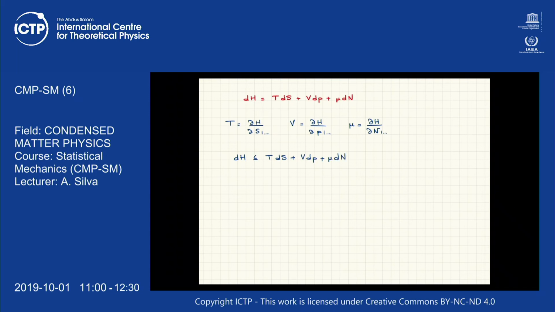And if I fix number of particles, pressure, and entropy, the variation is going to be smaller or equal to 0, and therefore the enthalpy is going to be the thing that determines, when you minimize it, the equilibrium states of your system under conditions of pressure, entropy, and number of particles that you're selecting, and at the same time dW is going to be smaller or equal, if you fix pressure, entropy, and number of particles, then minus dH. Okay?